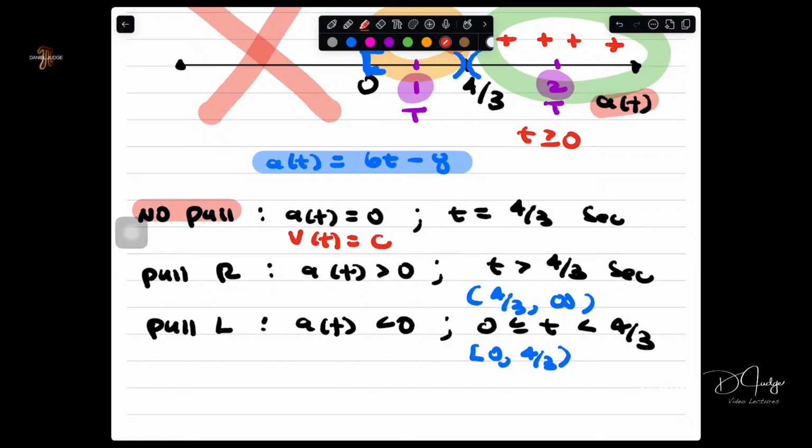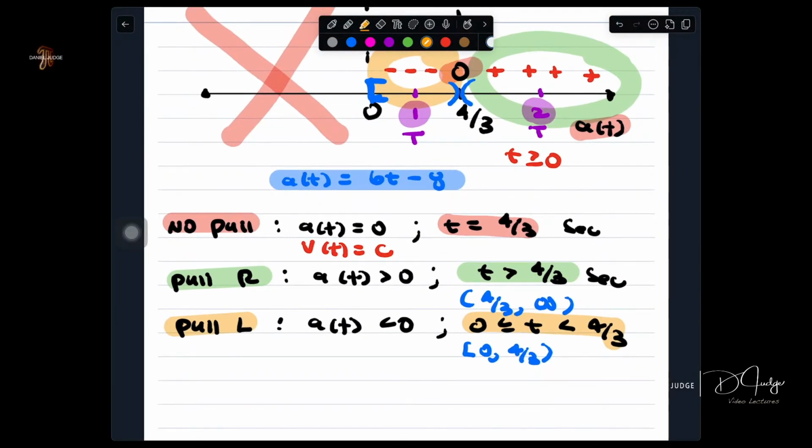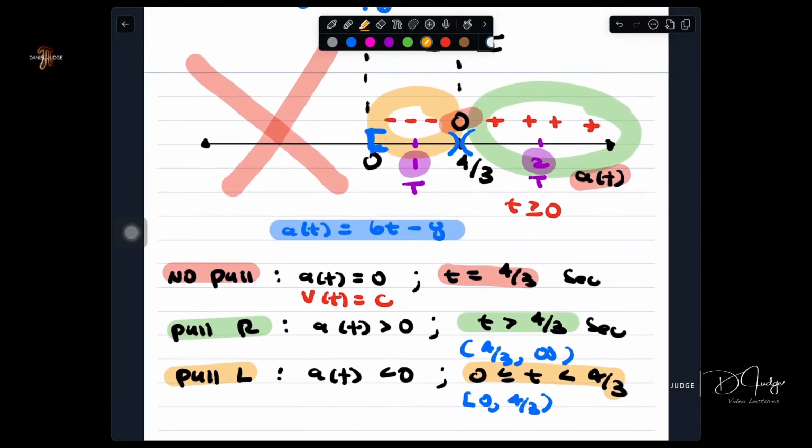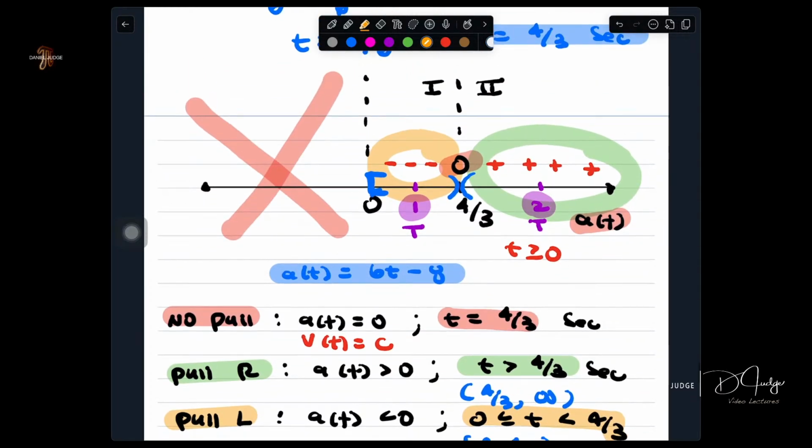There's no pull for this time. You got a right pull for this time. And then you got a left pull for this time. So, ladies and gentlemen, there you guys go. This is how this works here. It's your sign analysis.